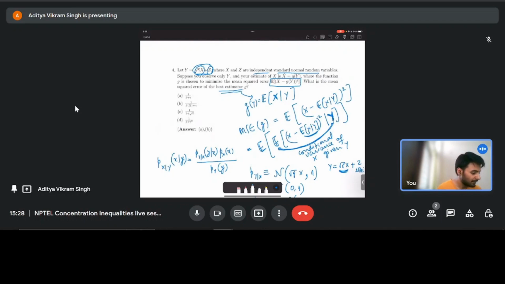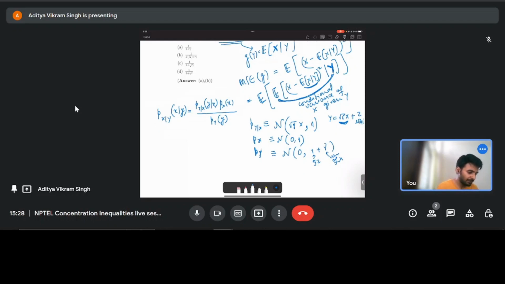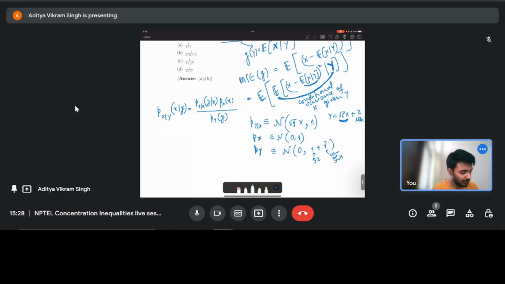So the variance would be the variance of z, 1, plus gamma, since this is the variance of x. Because y is root gamma x plus z, and we are not conditioning on anything, this is the unconditional distribution of y. So it's just the addition of two independent Gaussians.